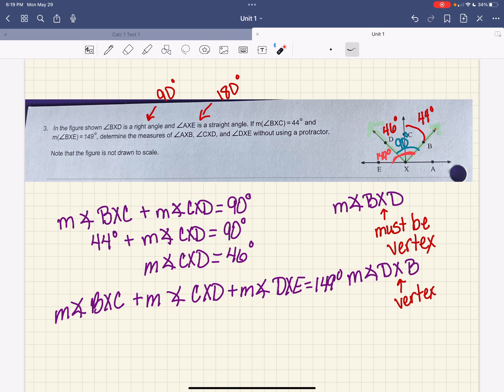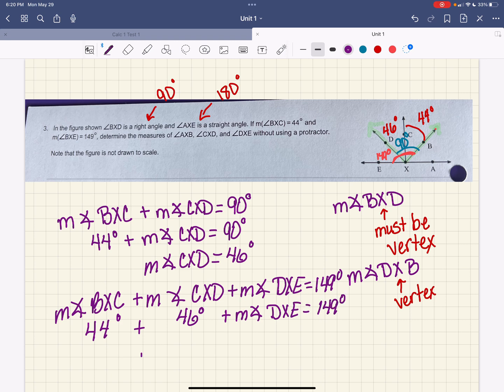Now, we already know, because we're told in the beginning, that BXC is 44 degrees. And we just figured out that angle CXD is 46 degrees because we subtracted that from 90. So we know this one's 44 and this one's 46, and we're able to say plus the measure of DXE is 149 degrees.